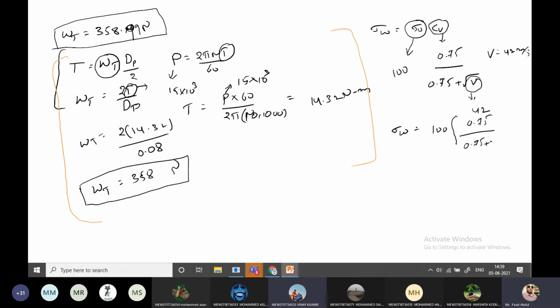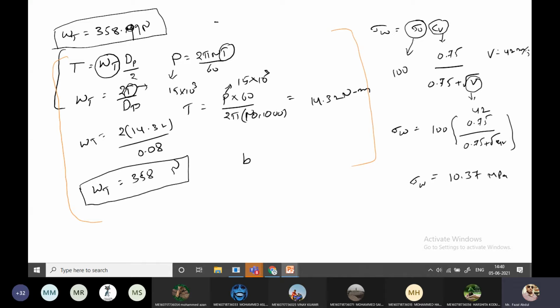Whole product. Sigma W is 10.37. Sigma W megapascal. Okay.